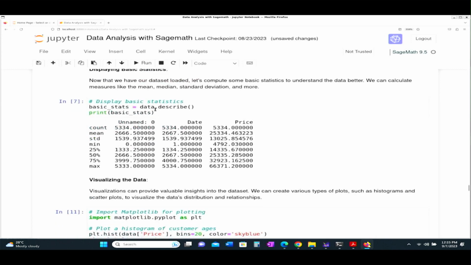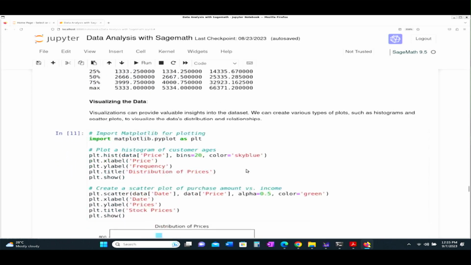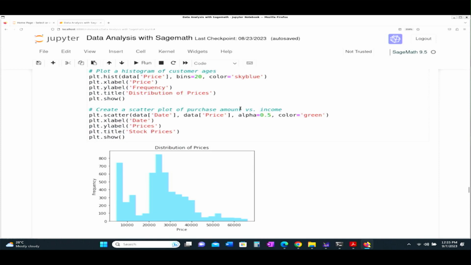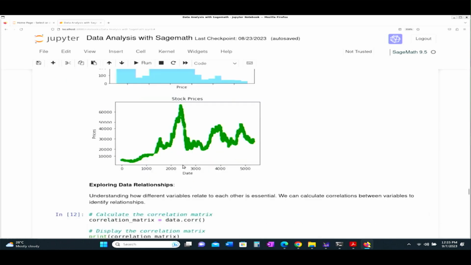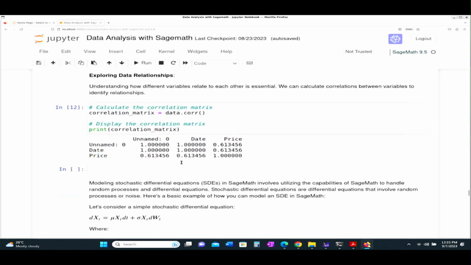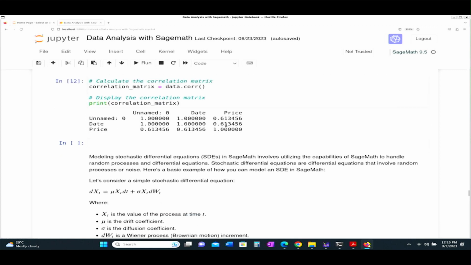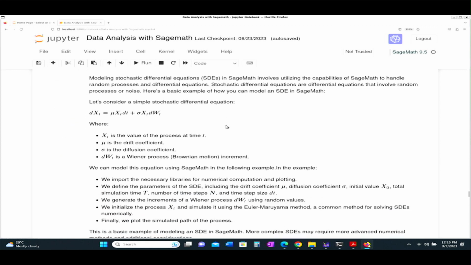With this data, you can do all the basic statistics that we've done before, and then show different plots. We've done all these plots before: histogram, scatter plots, and different things. You can also calculate the correlation, bring out the correlation matrix, and use SageMath to do these things.